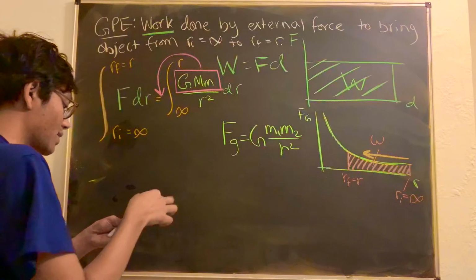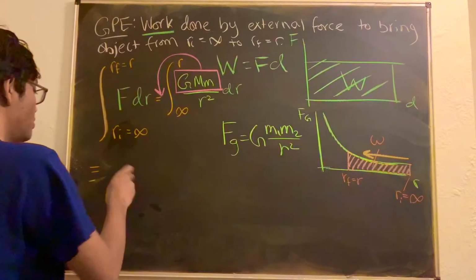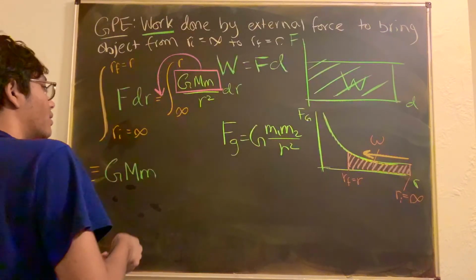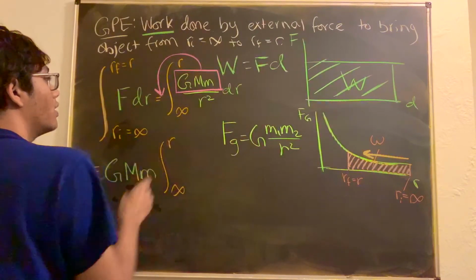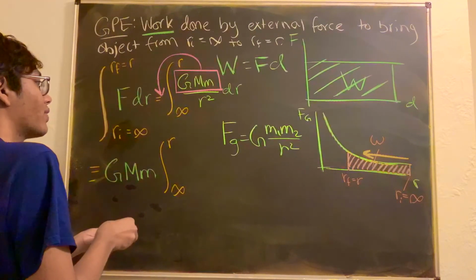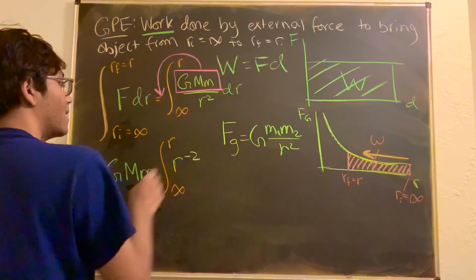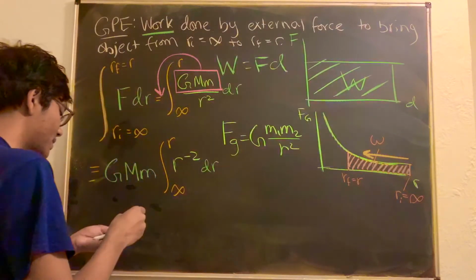Since that's a constant, this is equal to G big M small m, and then we have our integral from infinity to r of r to the negative second power, integrating with respect to dr. And so what is this going to give us?